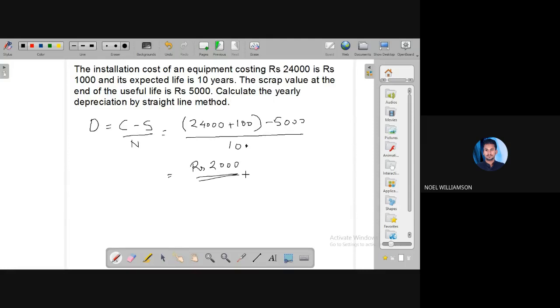So this is the annual depreciation charge. After 1 year, this will be the amount which will be deducted, the depreciation amount will be 2,000, right? So this is the straight line method.